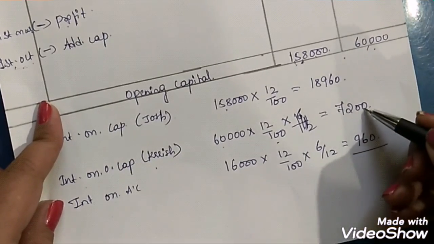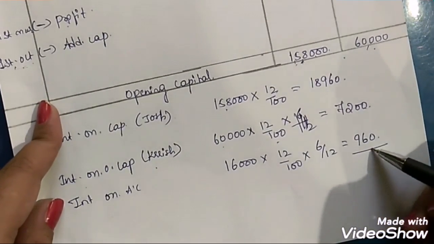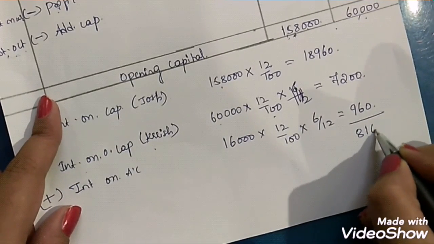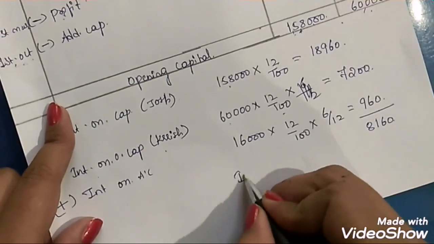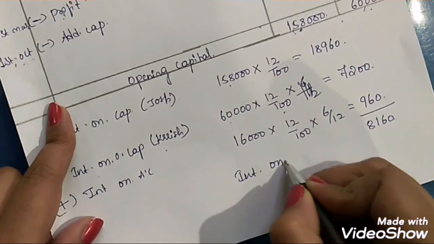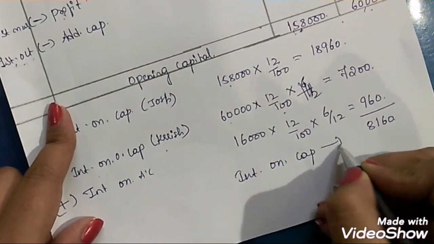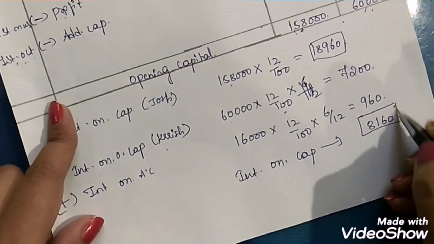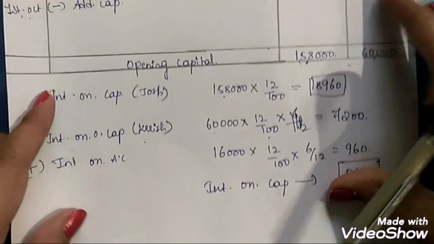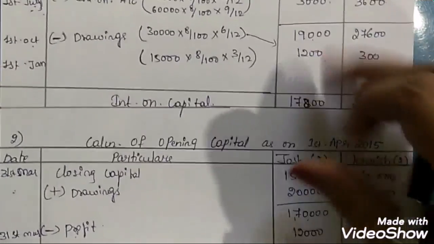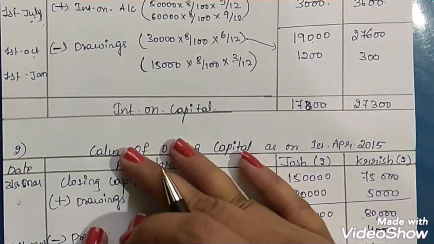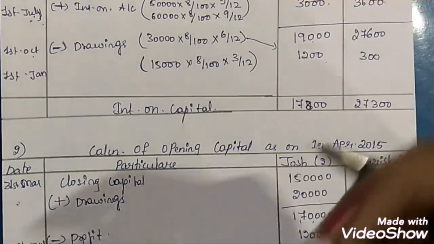When we add rupees 7,200 and rupees 960, we get rupees 8,160. So this is the interest on capital of Krish and this is the interest on capital of Josh. Clear? This is how we calculate the interest on capital in both cases. In the next session we will discuss calculating the interest on drawings.